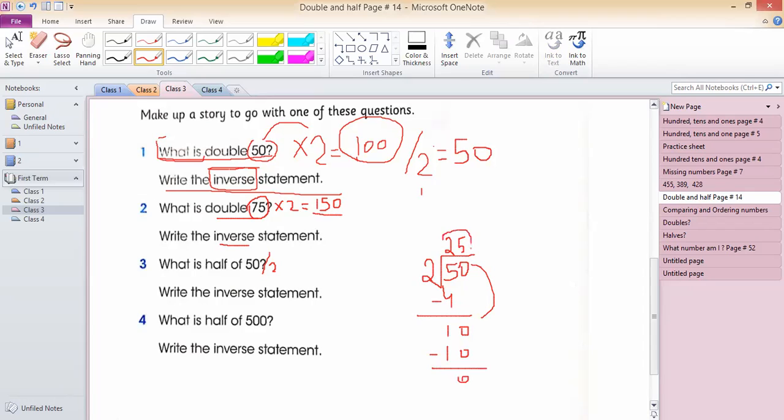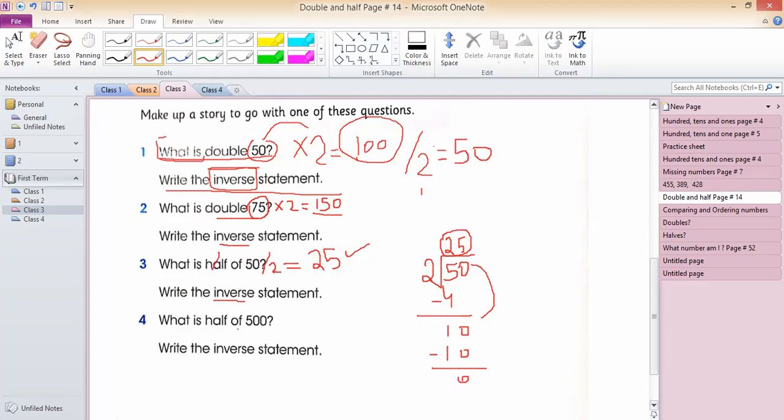So this is the answer, 25. 50 divided by 2 equals 25. And then you write the inverse statement. Instead of half, you write double. What is double of 25? 25 multiplied by 2, again you will get 50.